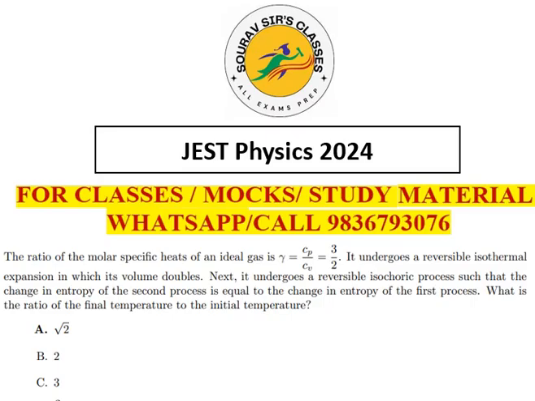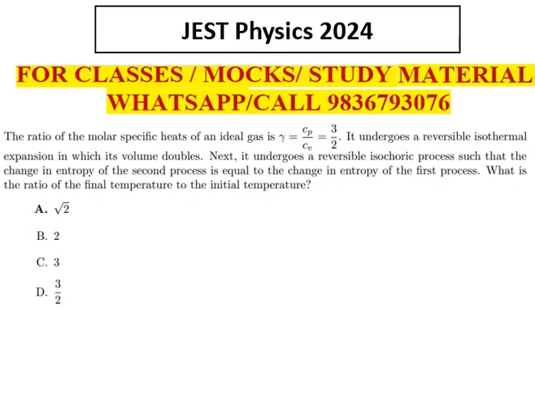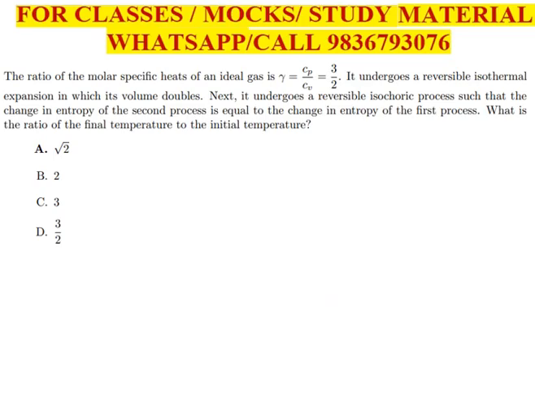So here we have the ideal gas with heat capacity ratio Cp by Cv equal to 3 by 2. It is given. This is an unusual value, but it proceeds symbolically, right? So isothermal expansion, the volume doubles.